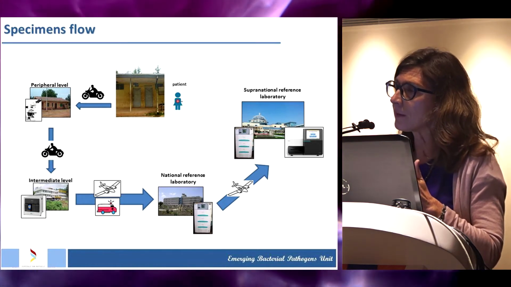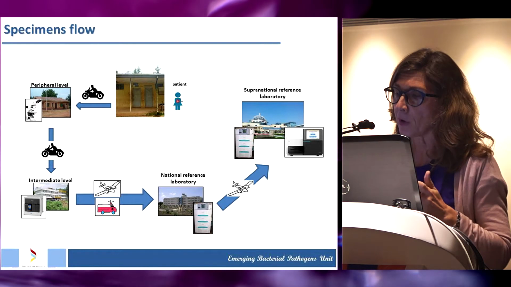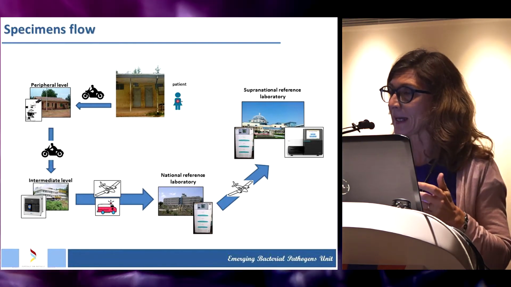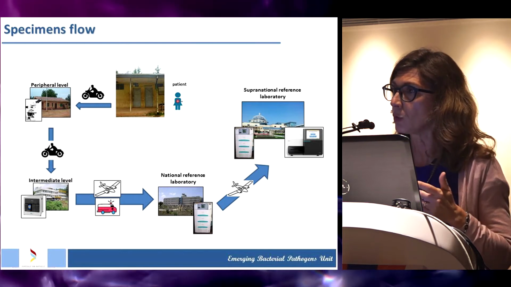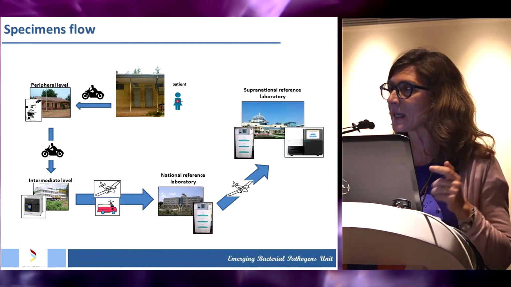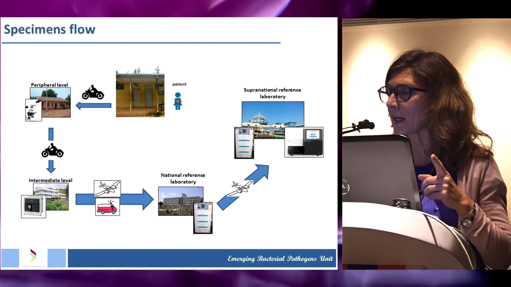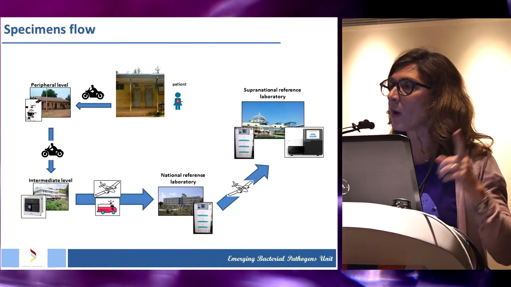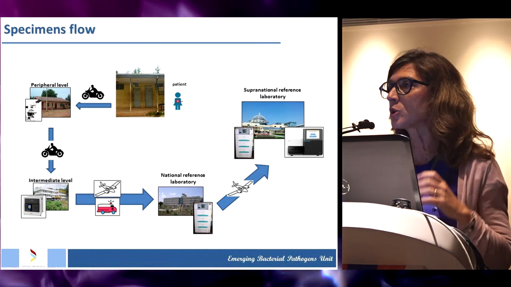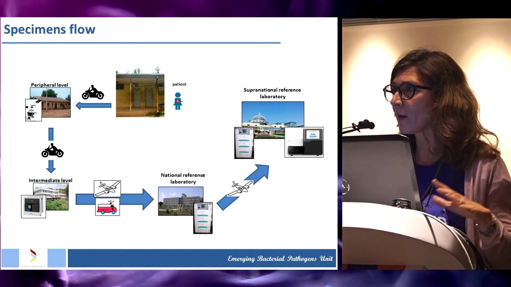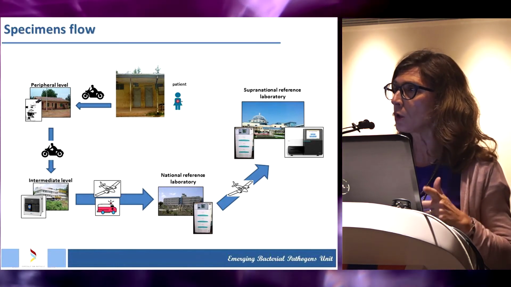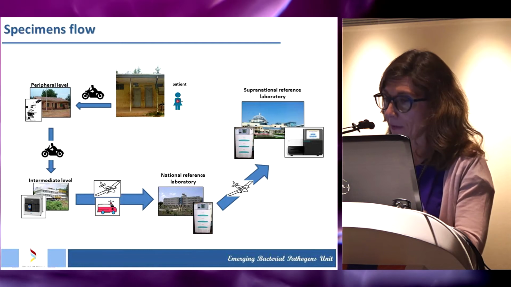Because the turnaround time for a test for TB detection is not the time that the machine uses to give you the results from when you start loading the machine. It's the time that goes from when you collect the sample to when you are giving the results to the patient. And the first step is to avoid having 5, 6, 7 days delays because you don't know how to move this sample around.